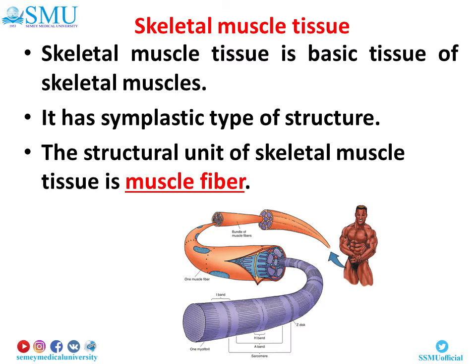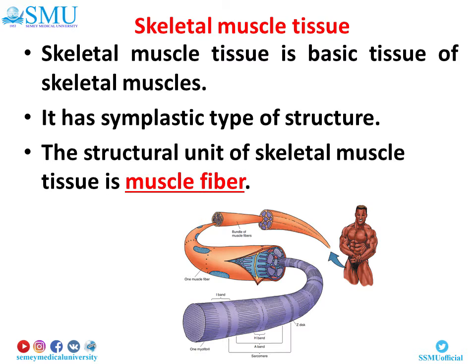The structural unit of skeletal muscle is muscle fiber. Muscle fibers are arranged parallel to one another with their intervening intercellular spaces, housing parallel arrays of continuous capillaries. Each skeletal muscle fiber is long, cylindrical, multinucleated, and striated.